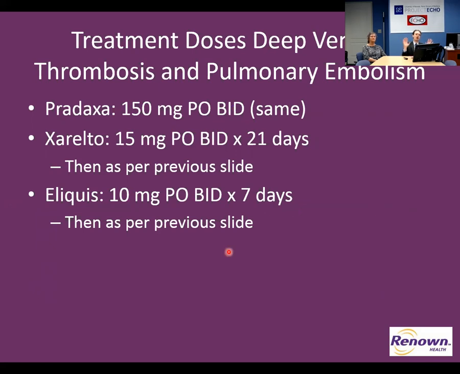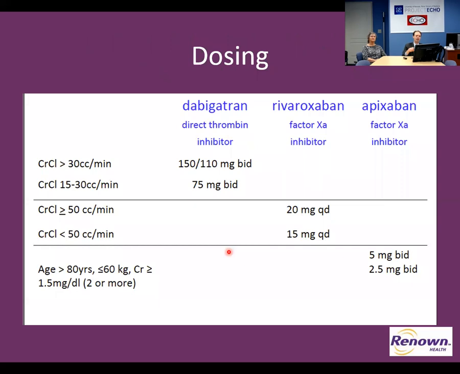So sometimes my choice of agent will be a little bit dependent on the person that I'm looking at. So, I saw a very nice, thin 90-year-old woman recently who came in rapid AFib and a little heart failure, and I figured that I may need to have a rhythm control strategy for atrial fibrillation, but she had a normal creatinine.